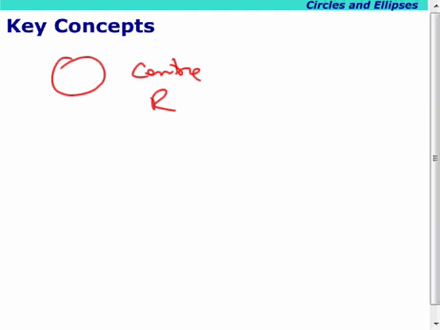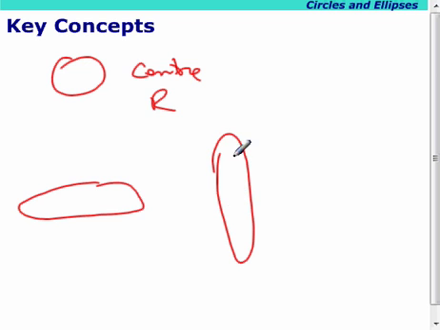And so, in this section, we've looked at equations for both circles and ellipses. Circles, we saw, have two characteristics that are important. One is the center, and the other is the radius. For ellipses, we found that I could get an ellipse laying down, or I could get an ellipse standing up on end.